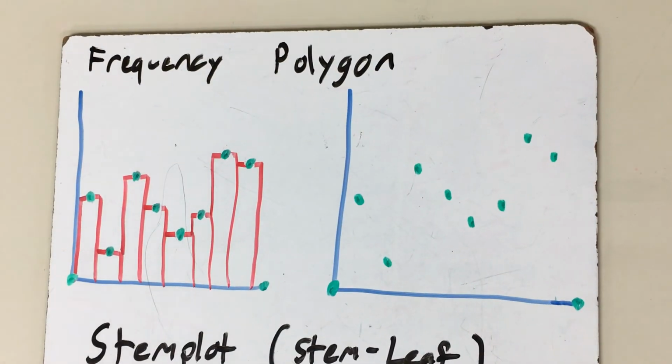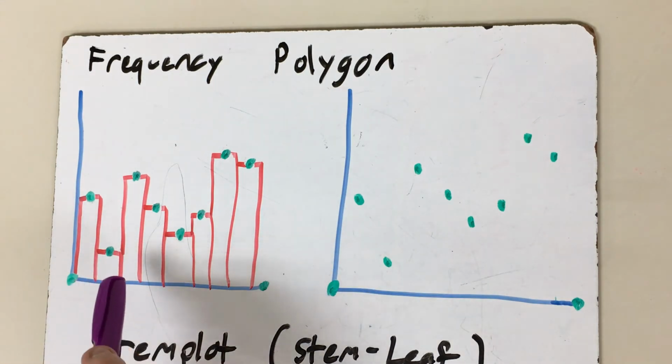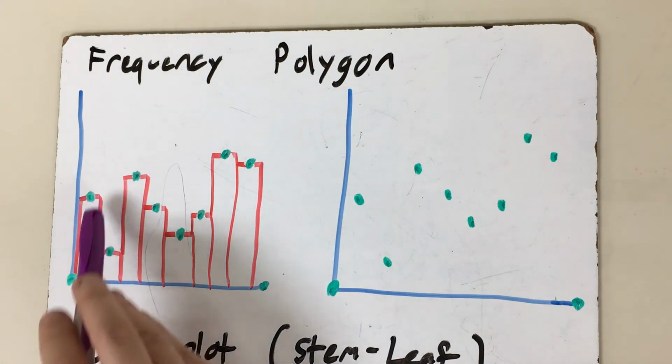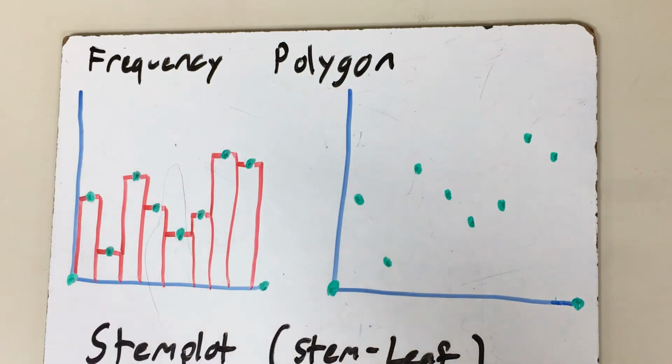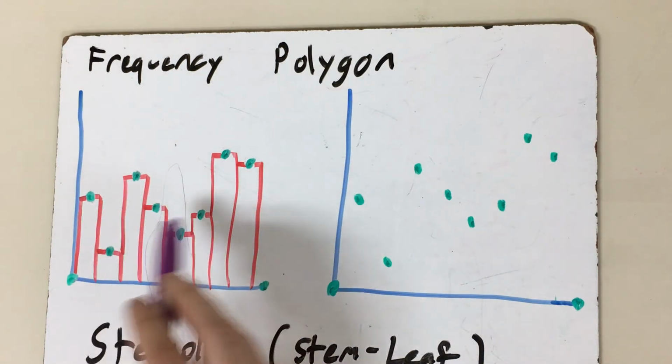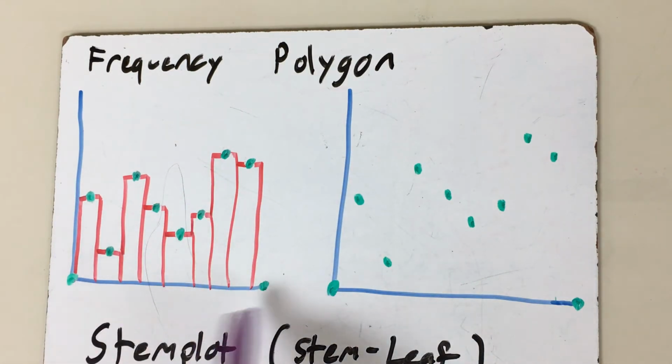Now I did also want to touch on 2 other types of graphs that could be used to show a kind of distribution. First is called a frequency polygon. This starts from the typical histogram or bar graph that you would see. But what I've done is I've taken that asymmetrical distribution and I have just drawn a green dot in the middle of the top of each bar and in the left and right corners.